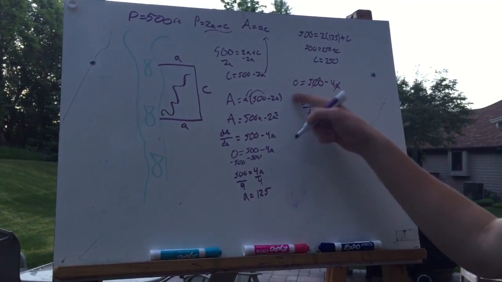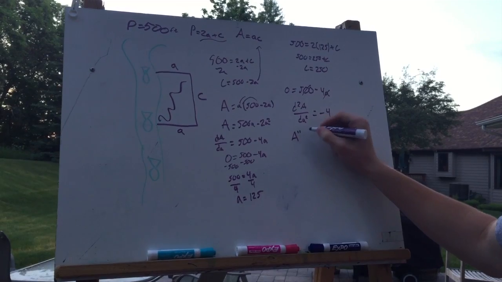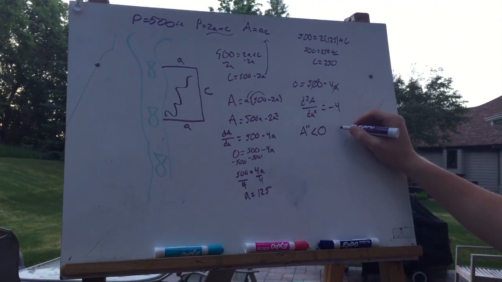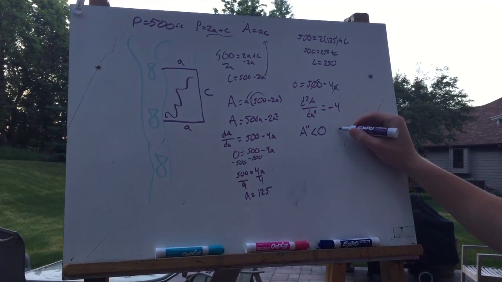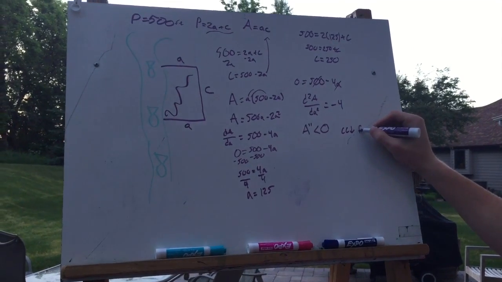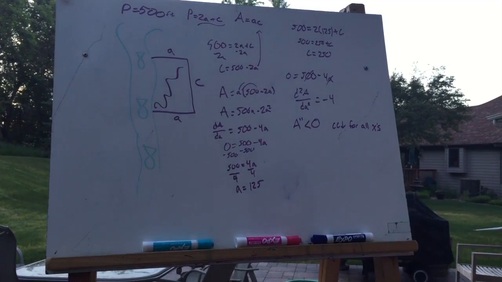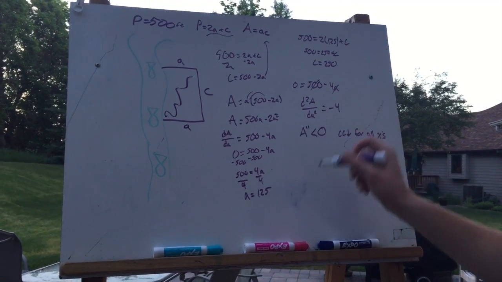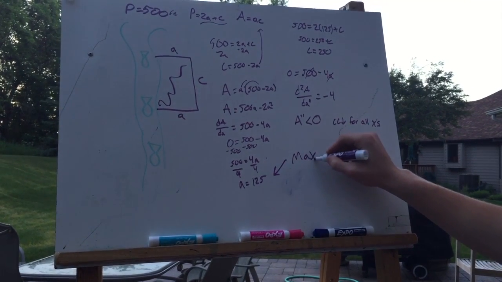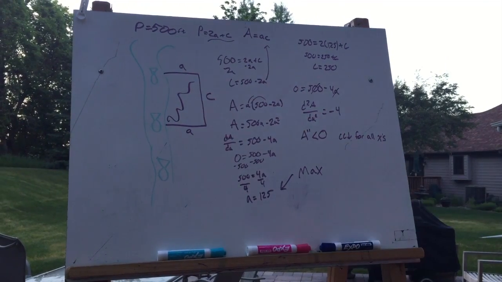Because our second derivative is less than 0, we know that the entire function will be concave down for all numbers, which shows that at this point, there's a maximum. Which means we found the maximum area for our little fence.